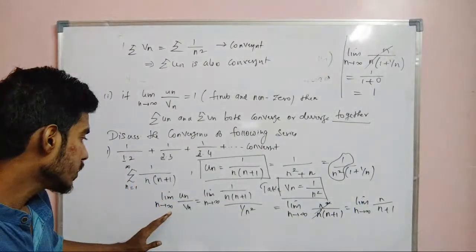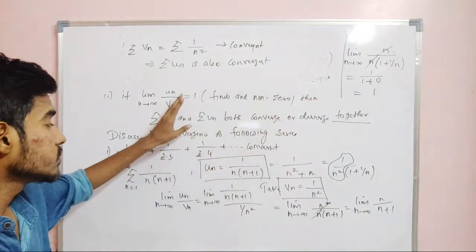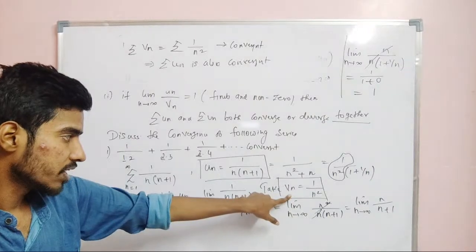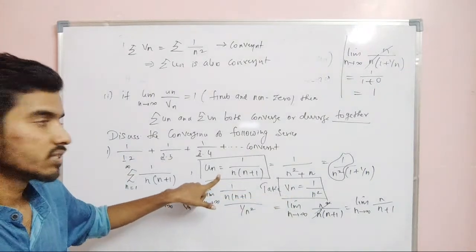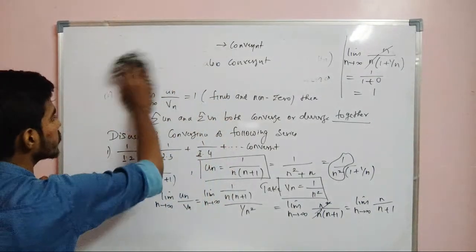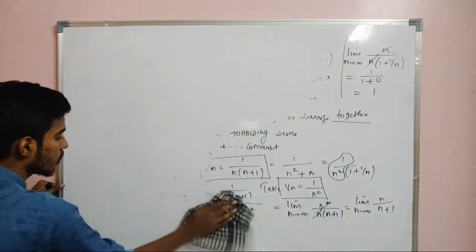Now you find limit n tends to infinity Un by Vn, which we got as 1. Therefore from this result we can conclude both converge or diverge together. Since summation Vn is convergent, Un is also convergent. So therefore the given series is convergent. Right. So just make use of this result. I'll just erase the results. Now we'll work out more problems.